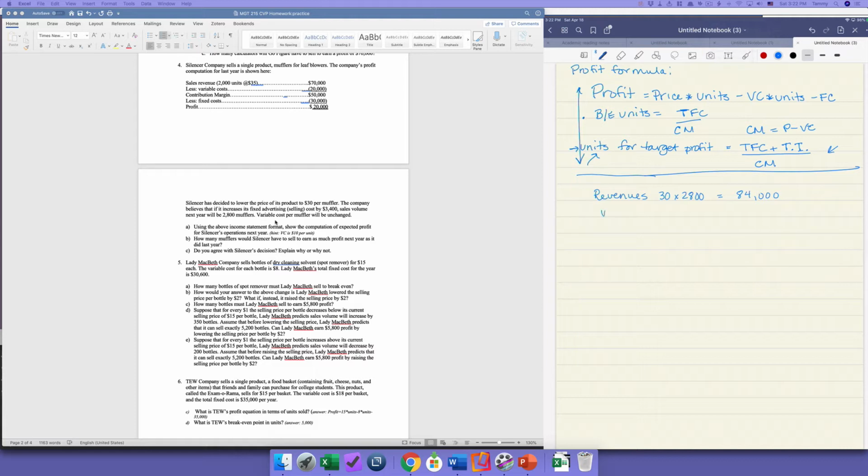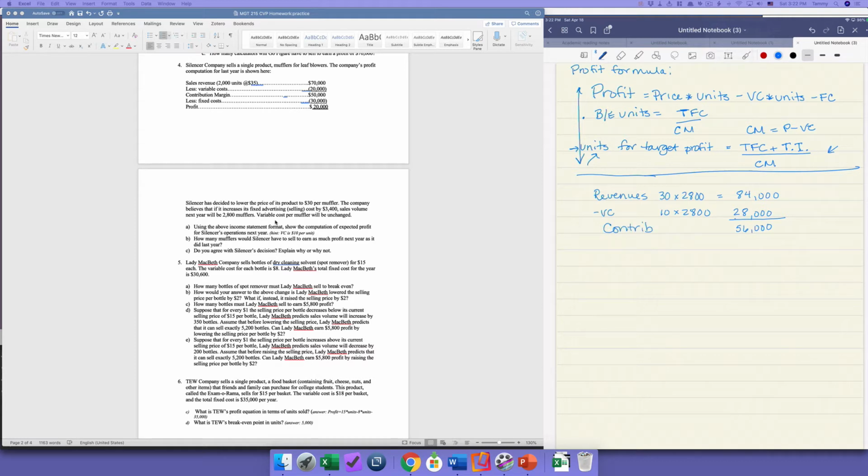Our variable costs are going to be the same. So those are going to be 28,000, right, 10 times 2,800. And so that gives us a contribution of $56,000.